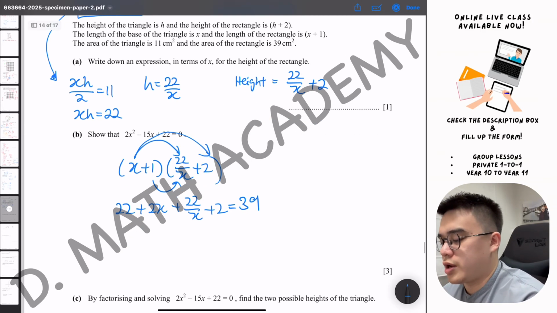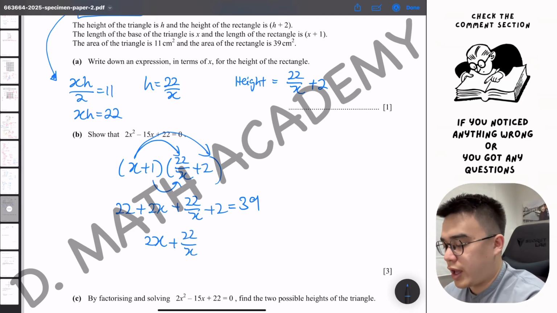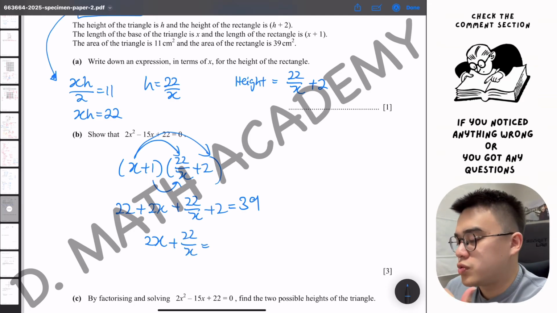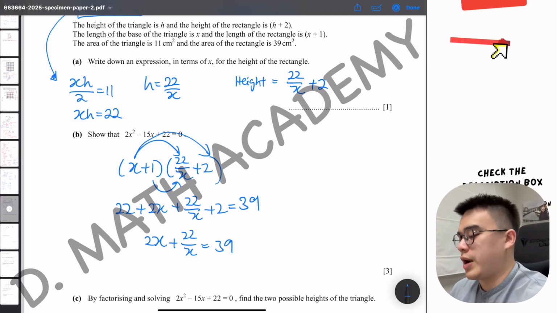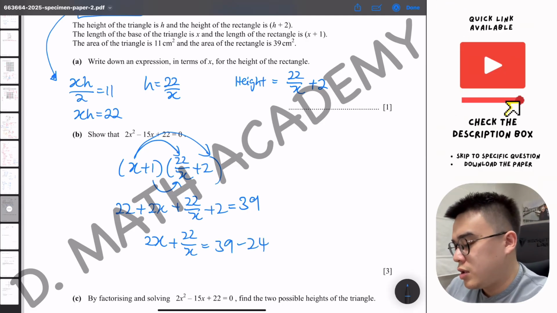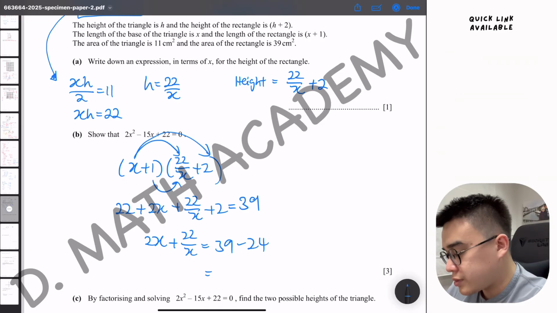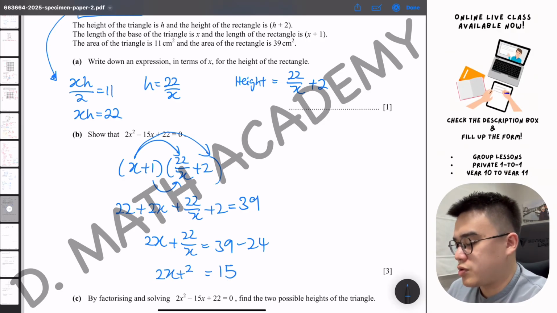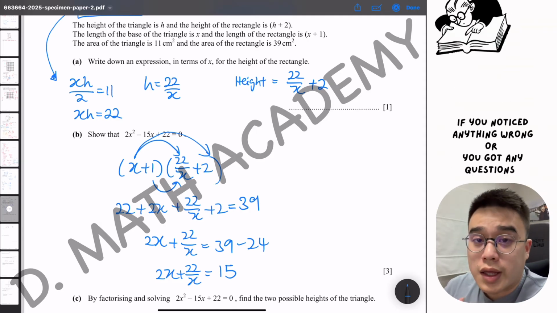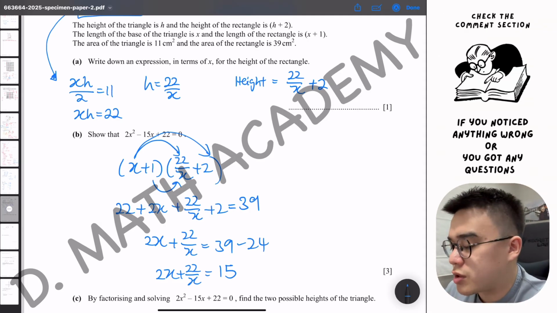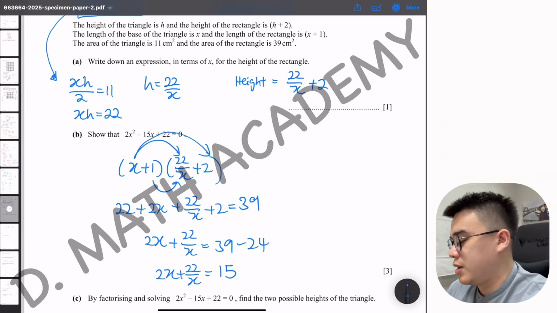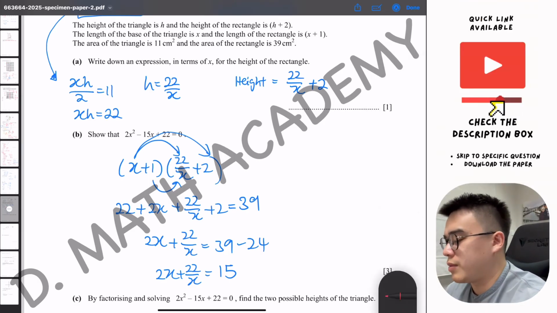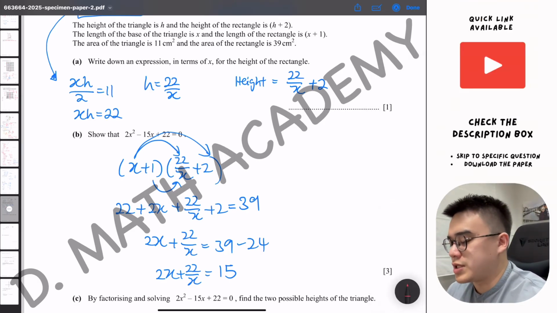Okay, sort it out. I think I have 2x plus 22 over x equals 39 minus 24. When I minus it out, I get 15. Okay, at this step you're quite close to the answer already, and the last thing you need is to multiply all of them, or to make their denominators the same.